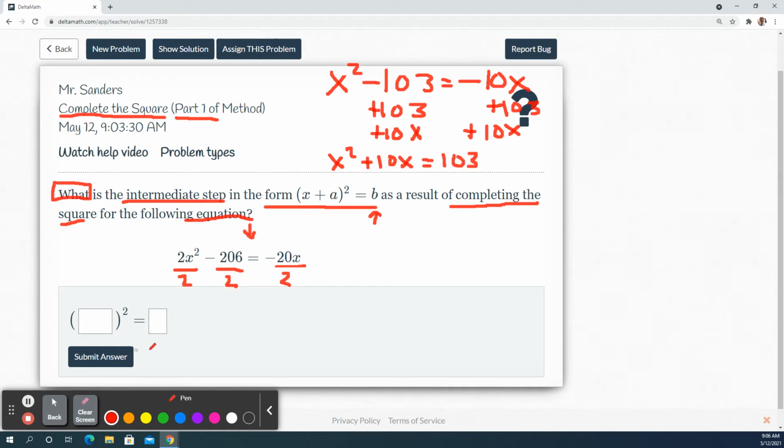Now, when we complete the square, we need the complete the square number. It comes from the number next to x. That's the b number. If we look at the general form of a quadratic equation, ax squared plus bx plus c, b is the number in front of x.